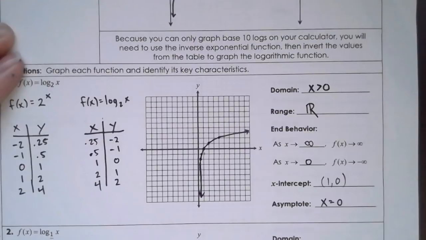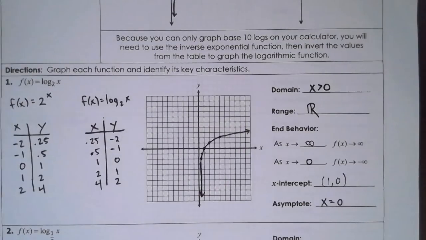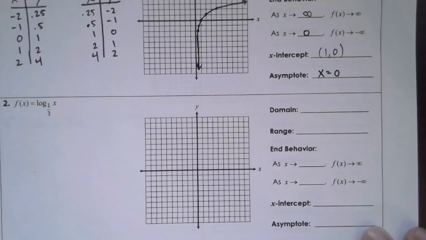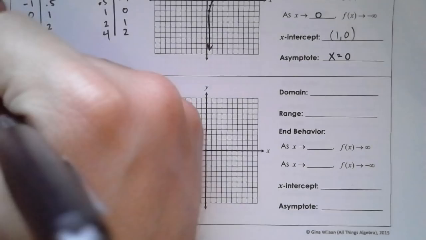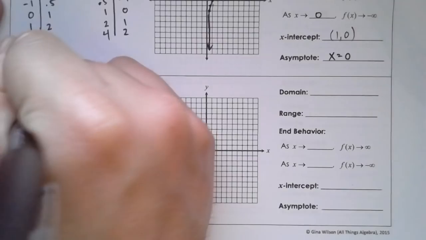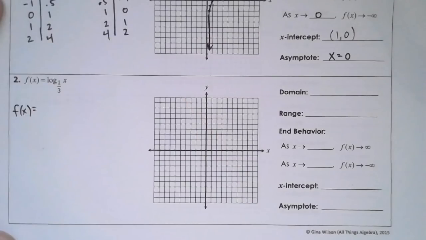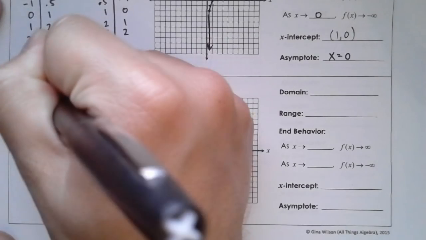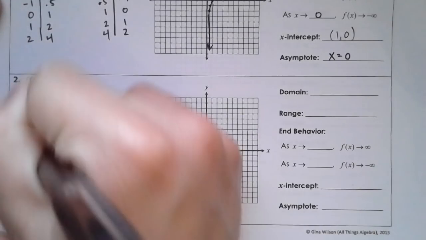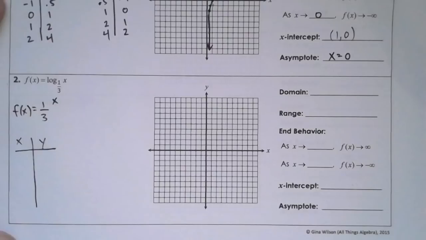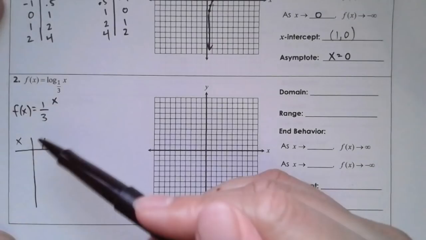Number 2, same thing. My exponential function is f of x is equal to (1/3) to the x. So if I do my table, and you notice that my b here is less than 1, so we do have exponential decay.